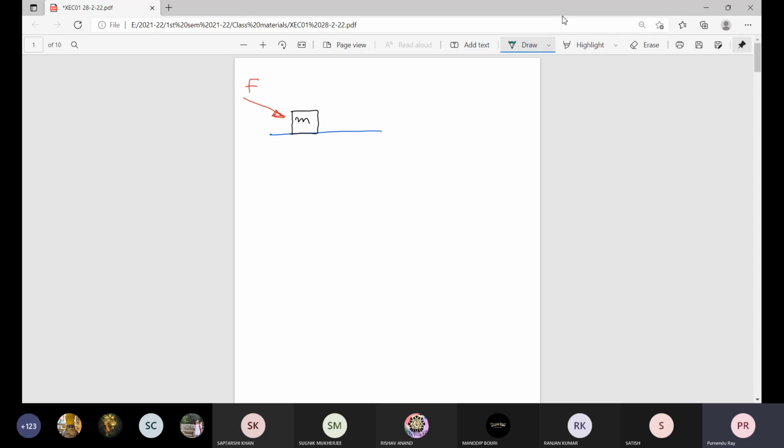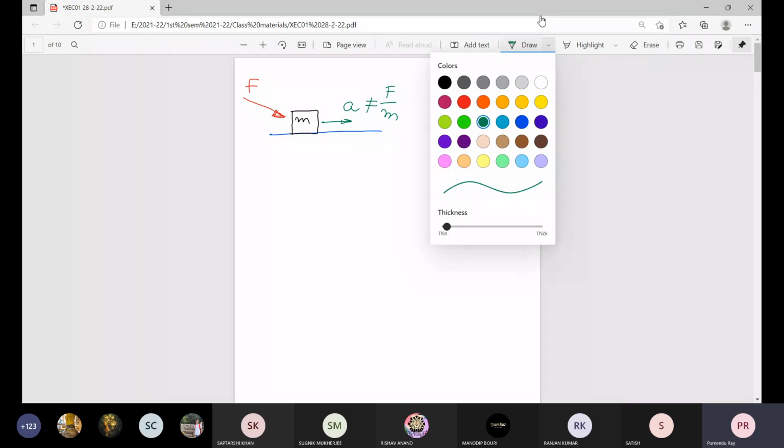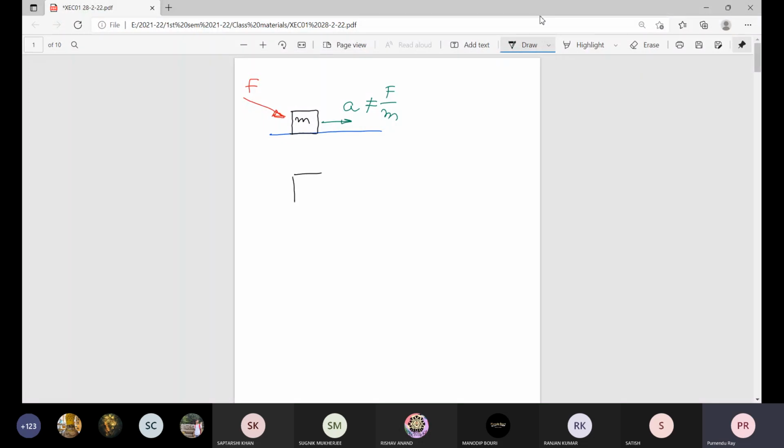It is constrained to move along this direction only. Now this acceleration is definitely not equal to force divided by mass. Sir, but the normal component will balance the force. Exactly. So some reaction from the table is there, and not necessarily this table will provide adequate.